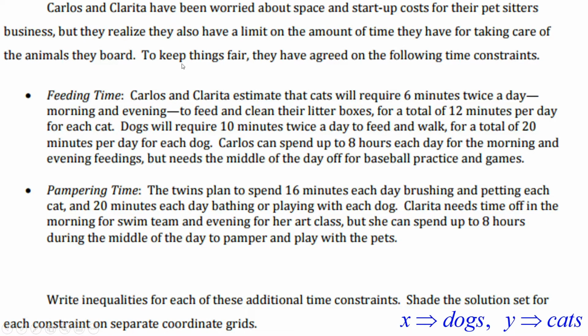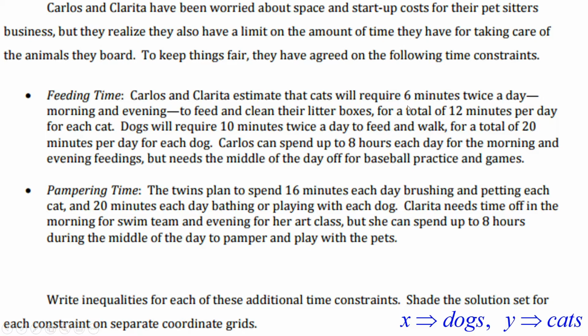To keep things fair, they have agreed on the following time constraints. Feeding time. Carlos and Clarita estimate that cats will require 6 minutes twice a day, morning and evening, to feed and clean their litter boxes for a total of 12 minutes per day.